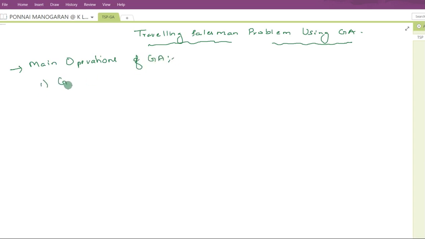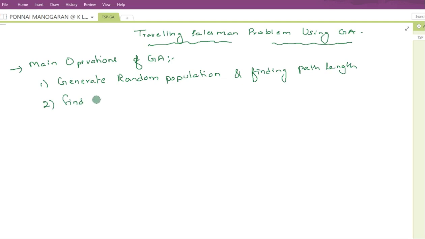First one is generate random population and finding path length, find the selection probability which is required for genetic operators, for each solution.